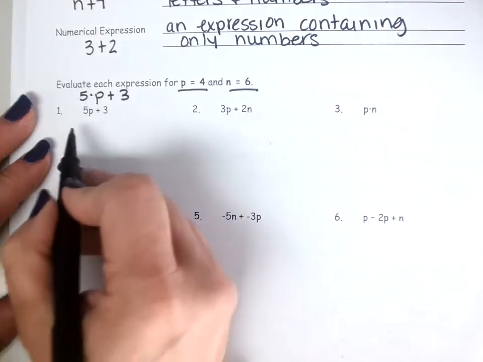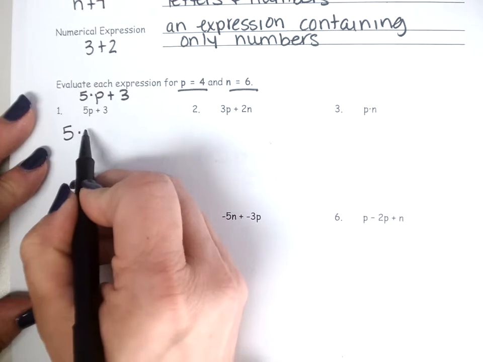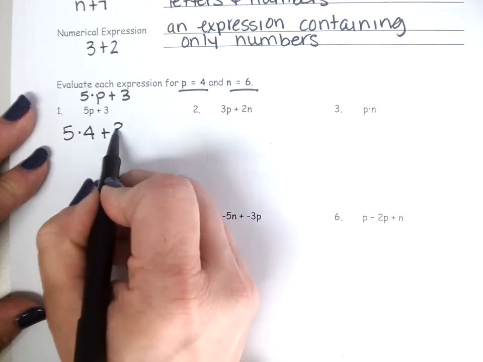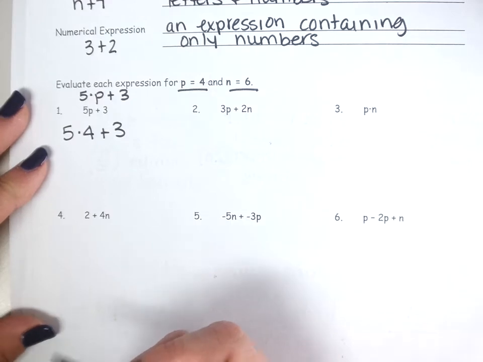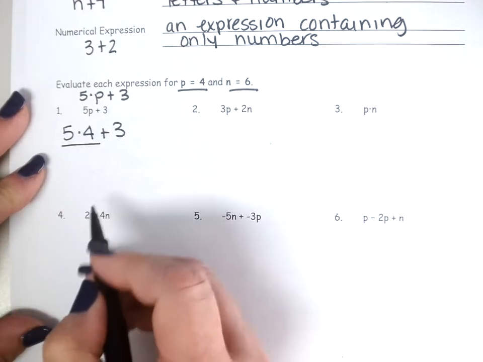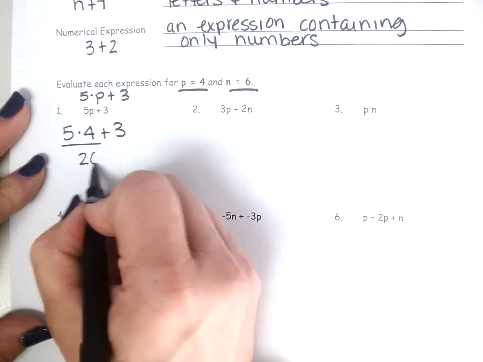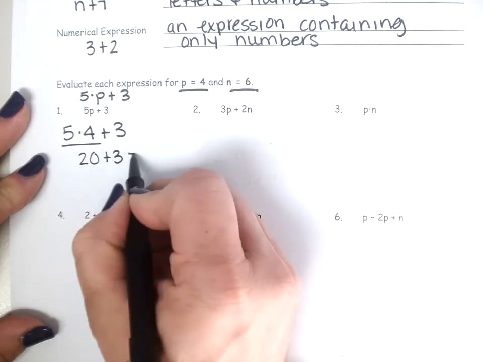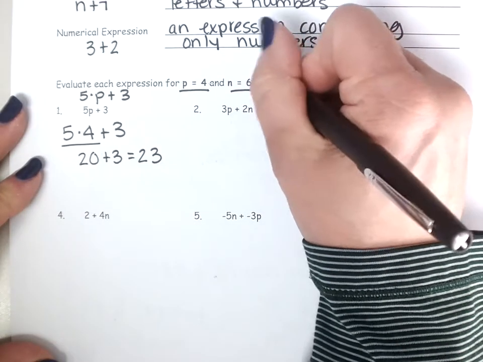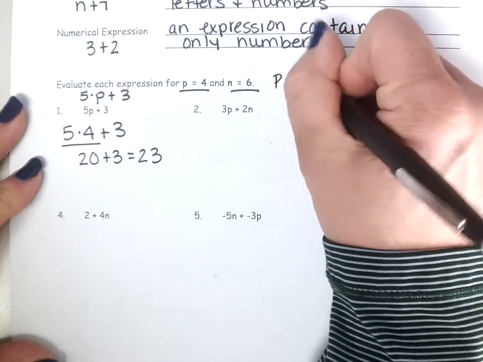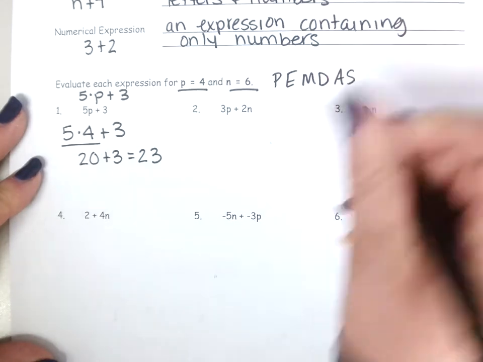So when I replace that, it's going to now be 5 times 4 for P plus 3, because P up here we said was 4. We're going to have to use order of operations, which means we're going to multiply first, and we get 20 plus 3 is 23. So evaluate means to solve. Don't forget that part. All right? And if you need to, Please excuse my dear Aunt Sally.